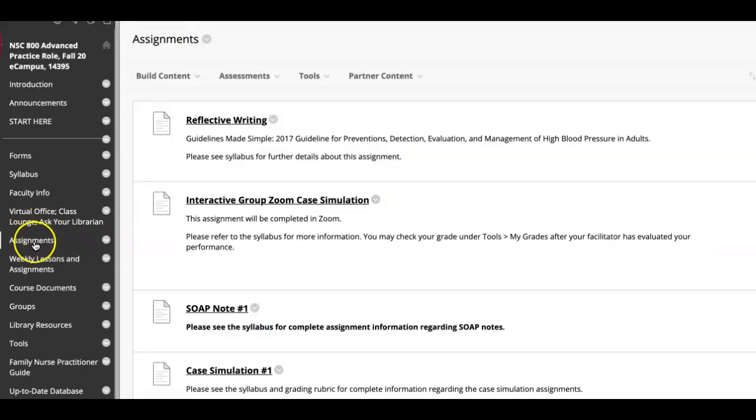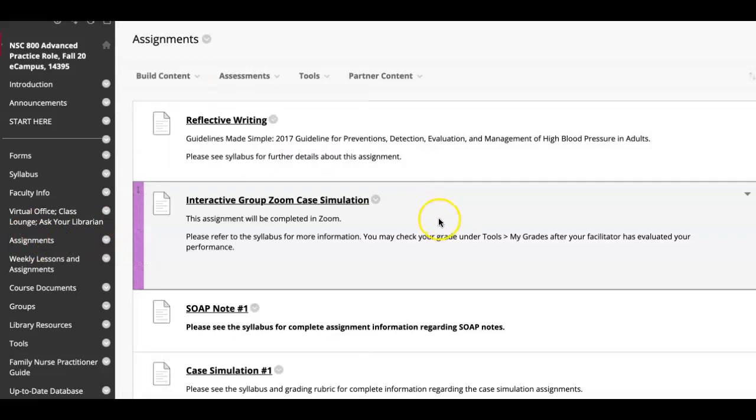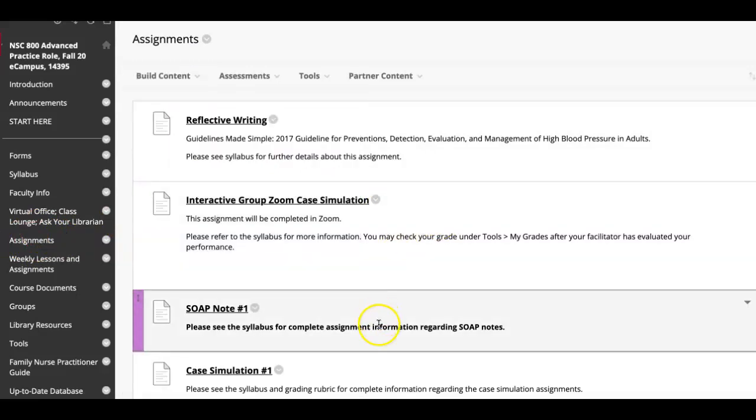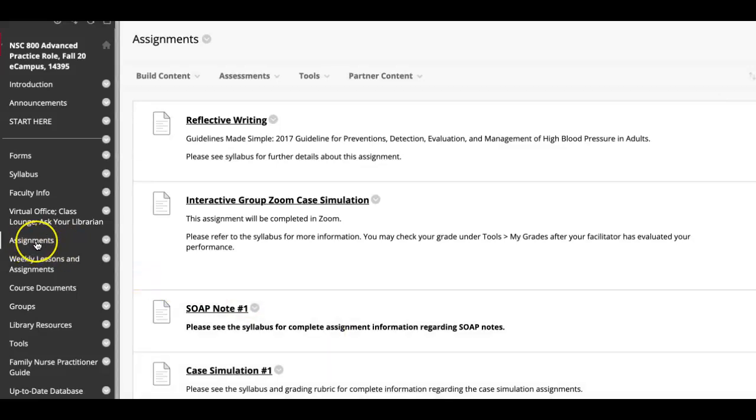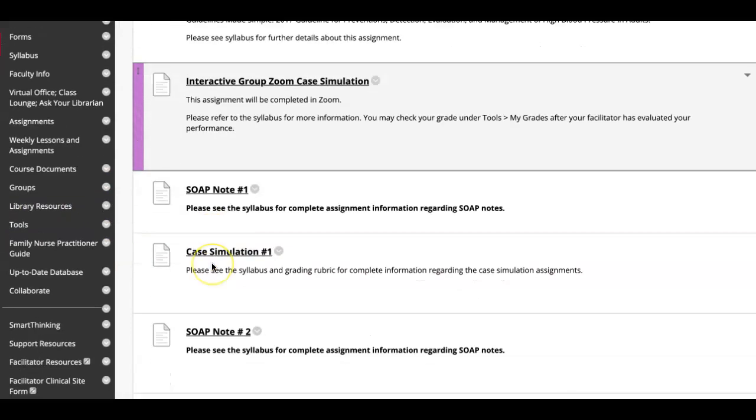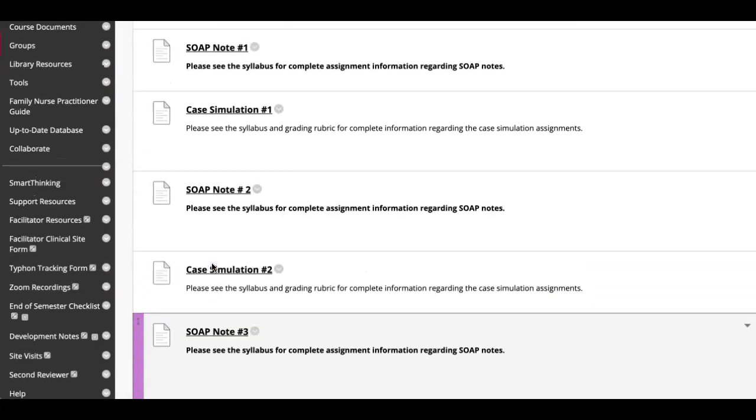I clicked on assignments. This is where all assignments within the course live, but as you all know, they're also located within the weekly lessons and assignments under the appropriate week for submission, but they can also easily be accessed under the assignments tab when you are ready to submit.